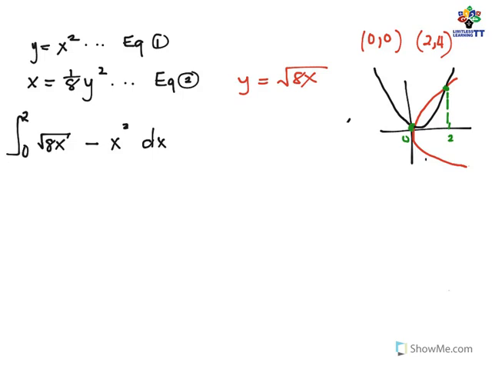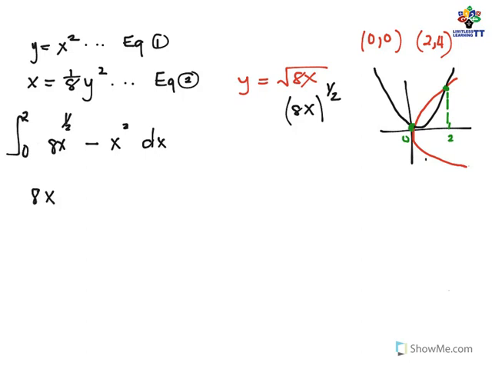And remember, the square root of 8x is the same thing as 8x to the power of 1/2. Rules of exponents or indices. Right, so I'm going to replace that here because it's going to make it easier for when I actually have to integrate.